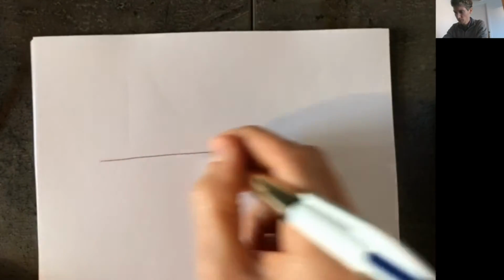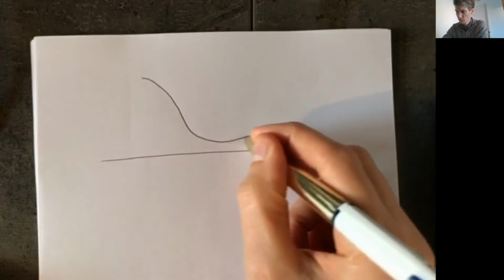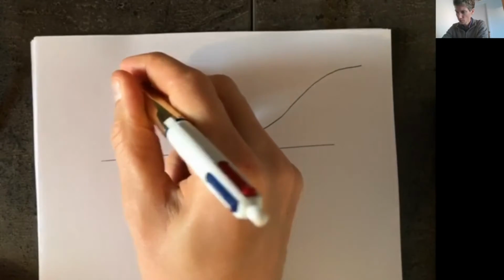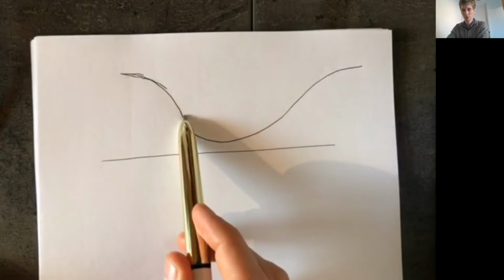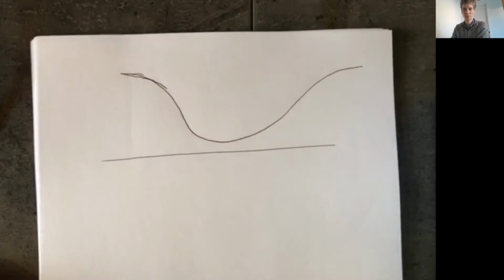So let me draw a picture. So here I have my domain. So here I have a function f, right? So it curves like this, and then it curves up, and then it curves the other way.